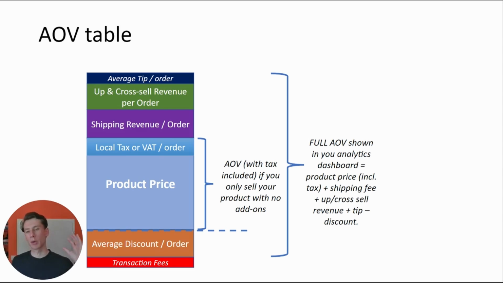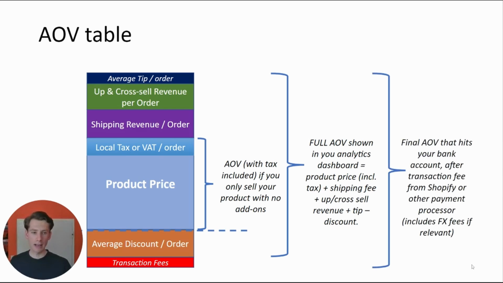And most people don't actually think about how all those different components come together. And finally, the AOV that actually hits your bank account, probably maybe the most important, is of course that AOV minus any transaction fees. Like in our store, actually, a lot of the payouts get converted into a different currency. So that also includes FX fees, which are actually quite high, sometimes even higher than the transaction fees.